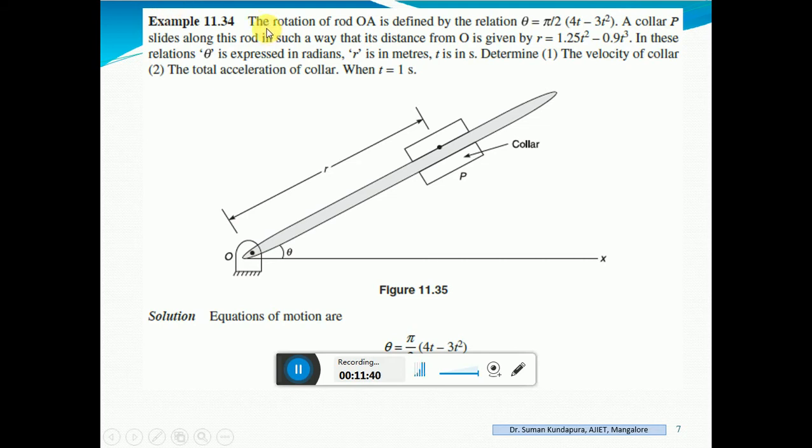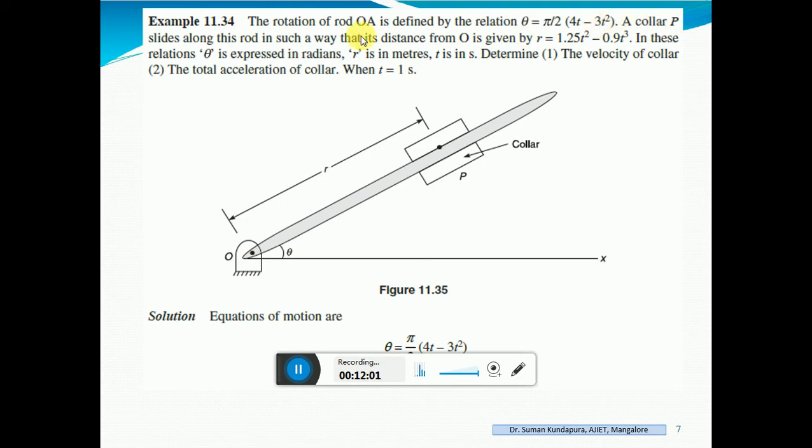The next one is a problem with this concept. In this problem, the rotation of a rod OA is defined by the relation theta equals pi by 2 into 4t minus 3t square.